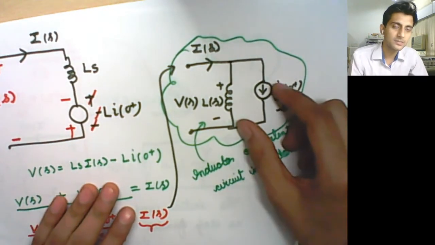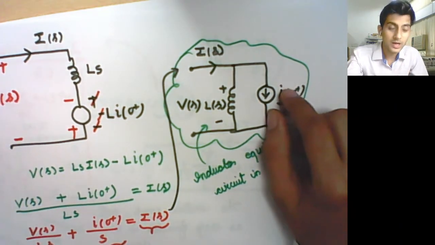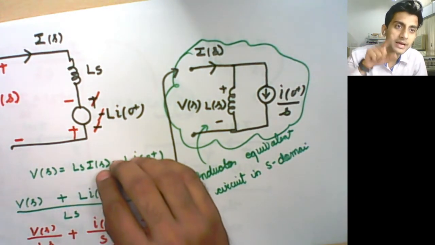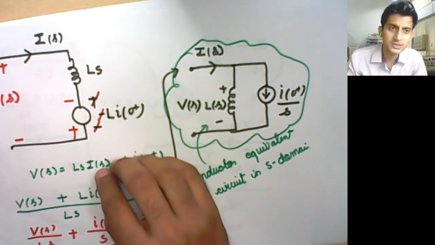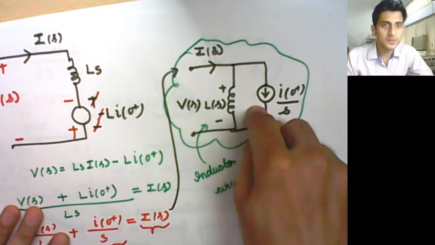Both are true. Now for the case of inductor, let's say, what will happen if I take I0 plus equals to 0? Because what are the conditions to be imposed on inductance, whether it is for current or for voltage? Inductor के लिए initial conditions किस पर impose करते हैं? Current पे. So we will use this particular circuit.